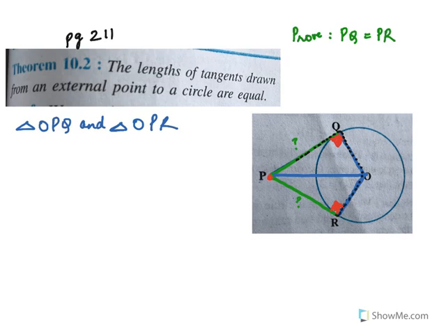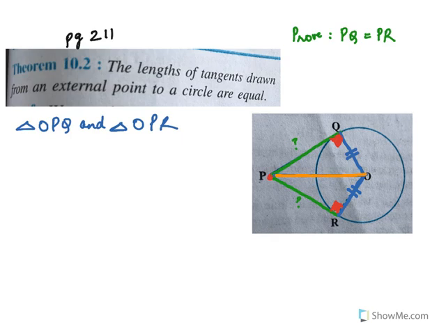This is my radius, this is the tangent, and the angle between them is 90. Now we need another part, and we know that these two also are equal. This is equal to this. Why? Because they are the radius, and this is common here.